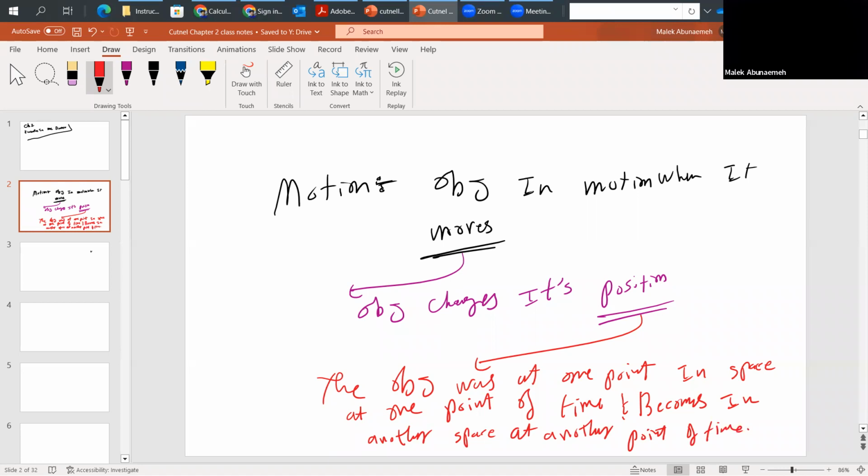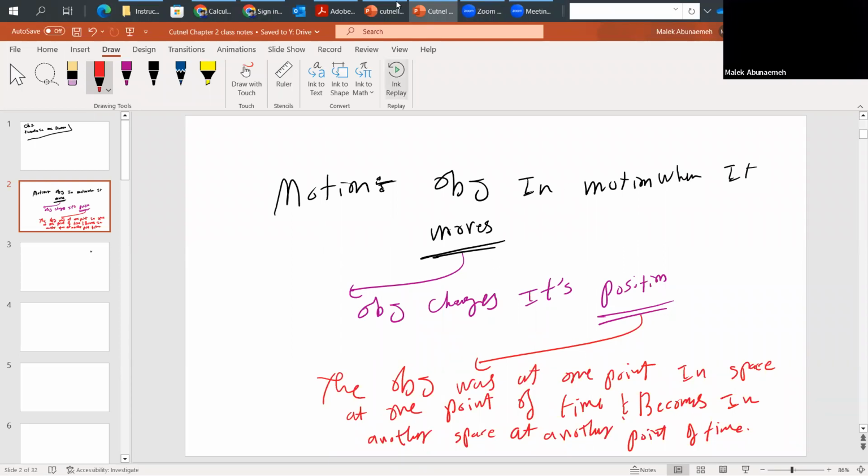So when we talk about motion, we're talking about the object when it moves. When the object moves, it changes its position. That means it was at one point in space at one point of time, and it becomes a different point of space and a different point of time.